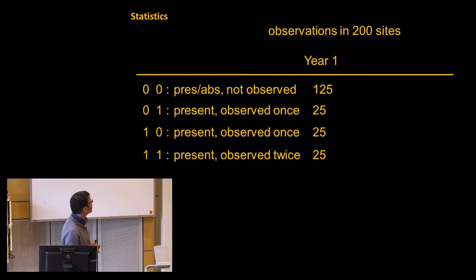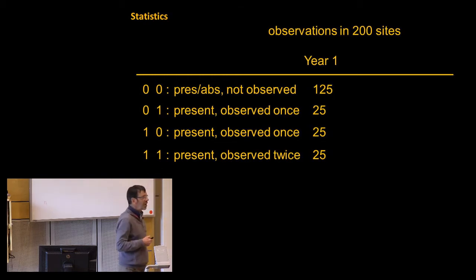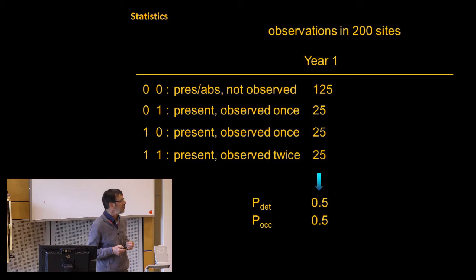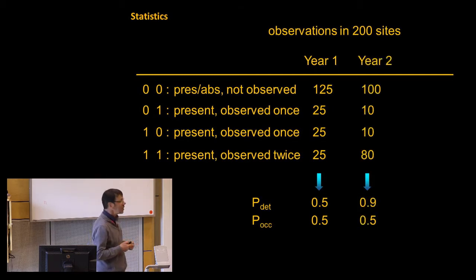Suppose you have found in 2 visits 0, 0 for 125 sites, and from the other detection histories you have 25, 25. This matches with a detection of 0.5 and an occupancy of 0.5. But if you had another set of detection histories, you would get another detection and another occupancy estimate. And here comes the trick.